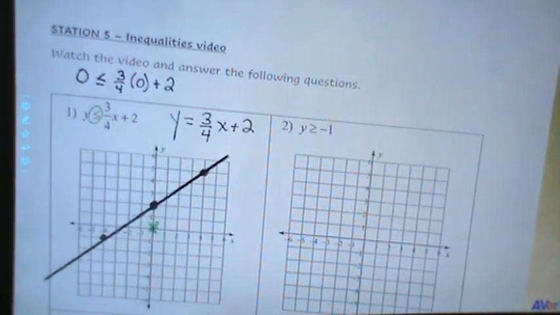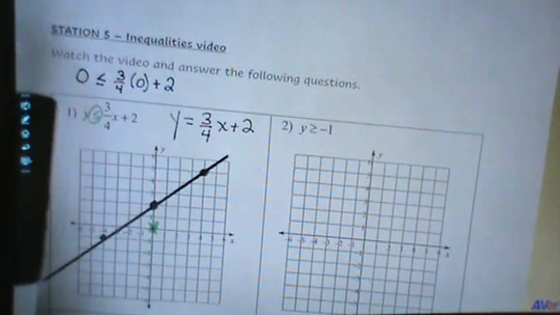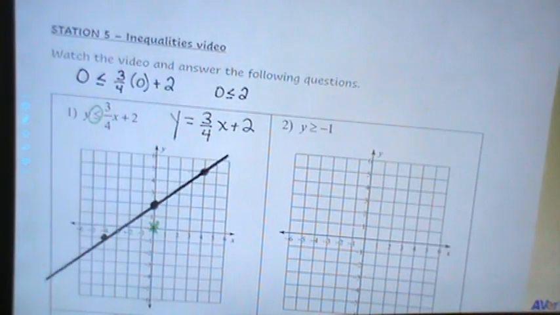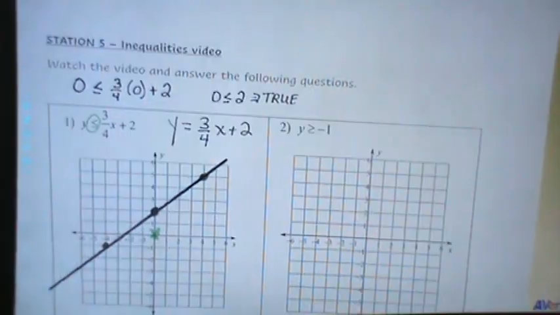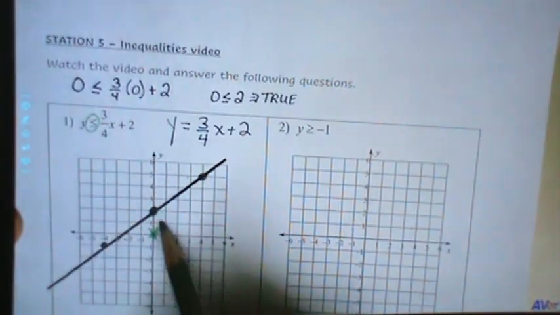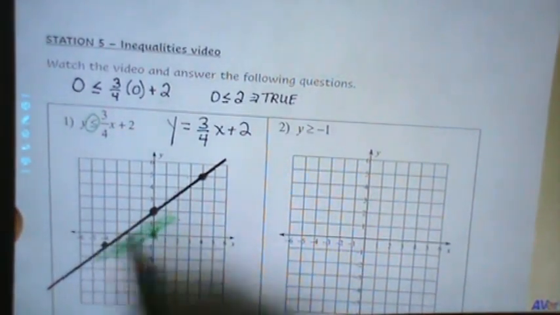What that means now, guys, is that 3/4 times 0 is just 0, so I have 0 is less than or equal to 2. At this point, you're asking yourself, is that true or false? Is 0 less than or equal to 2? That's a true statement. So if it's a true statement, that means I'm going to shade everything underneath that line.